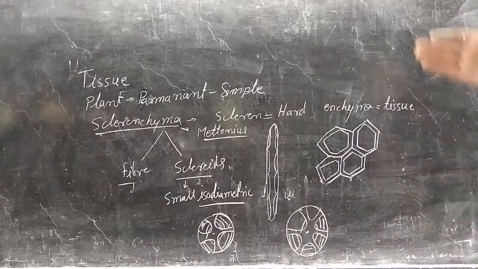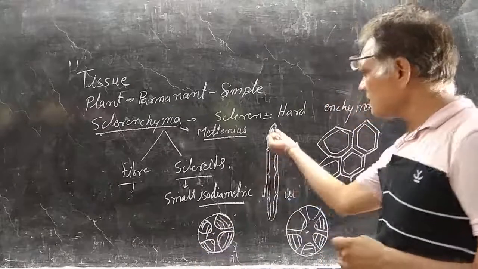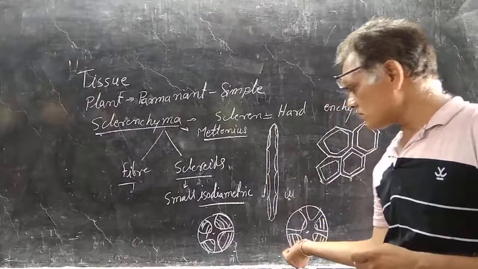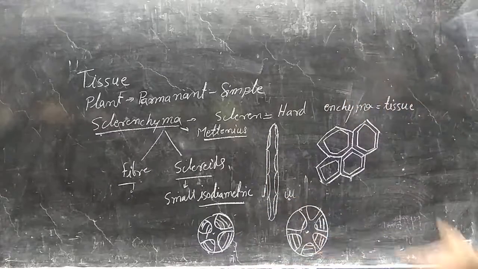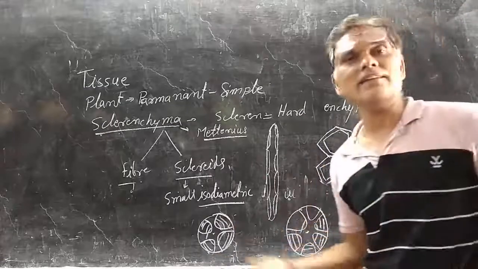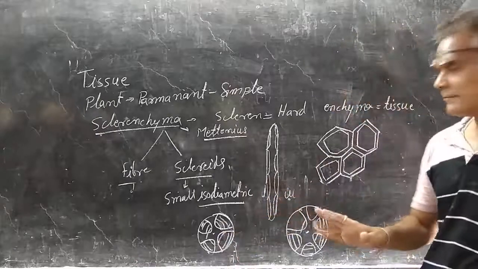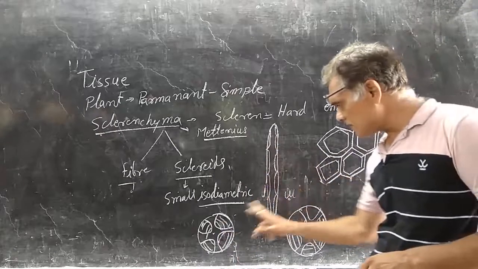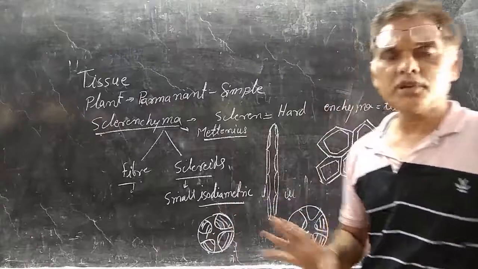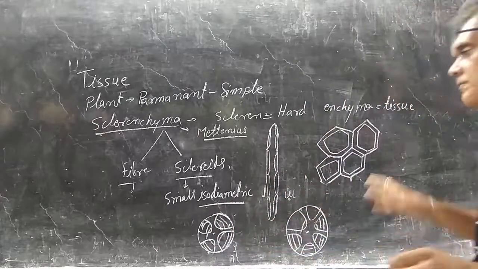Fibers are elongated cells with pointed ends, but sclereids are small isodiametric cells without pointed ends. But both are non-living or dead cells. Initially they are living, but after maturation these cells die. In both, the cell lumen is greatly reduced, and there is no protoplasm inside them.